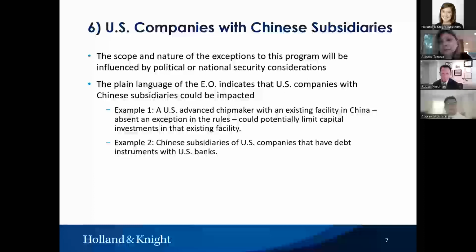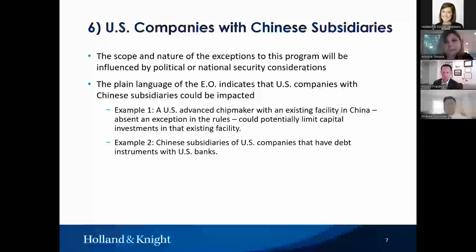One point that builds on something Antonia said is, when you look at the exception, what is going to be the standard for a Chinese subsidiary that is considered to be owned by a U.S. person? Most likely situation may be 50% or more ownership, but you may have more complicated situations where, let's say there are 5 investors into a Chinese company.